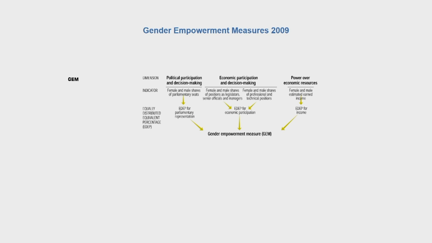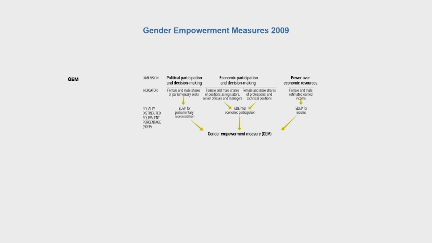This is for economic participation and decision making. The other variable, women's and men's percentage shares of parliamentary seats, is chosen to reflect political participation and decision making.